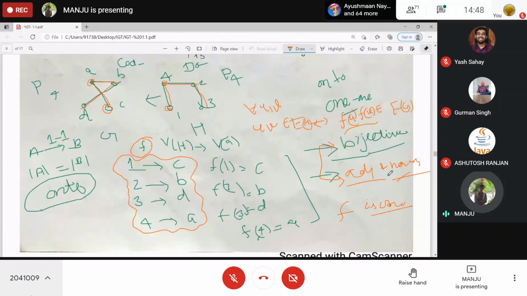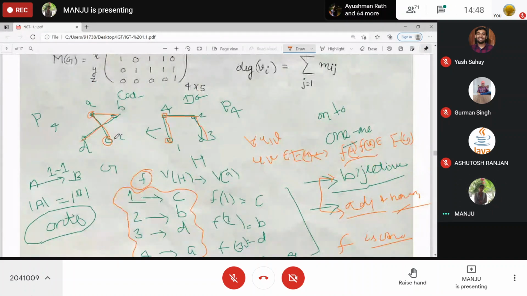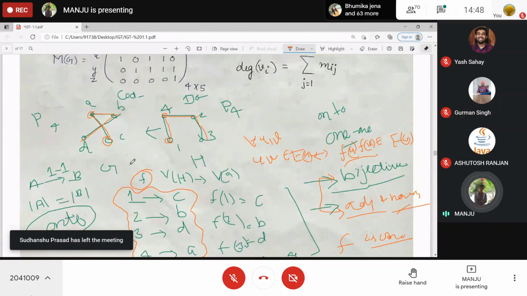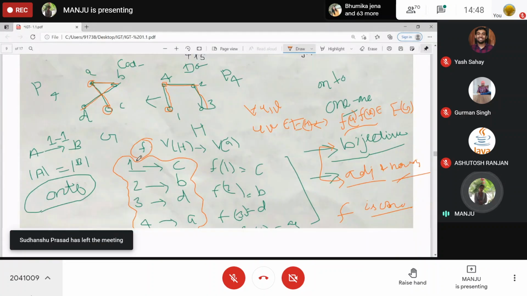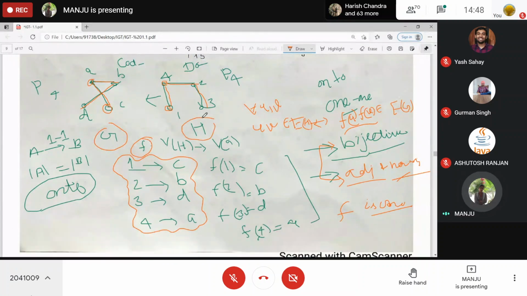If you are able to find F such that it preserves the adjacency condition and is a bijection, then you say these two graphs are structurally the same. The structures are the same, which means you can redraw one graph to form another, that is, G is isomorphic to H. Clear?